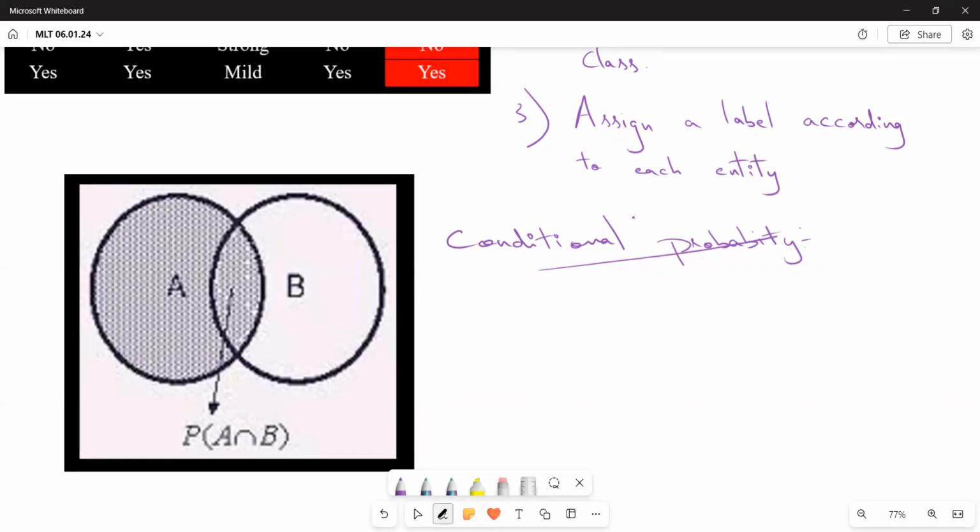I'll repeat what conditional probability is: finding the probability that something will happen, given that something else has already happened. So here the point could be inside B. If B happens, then what is your result here? I think you would have definitely learned these formulae and equations in your higher secondary, right?